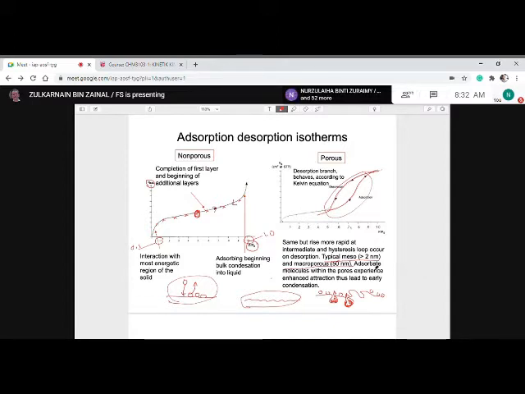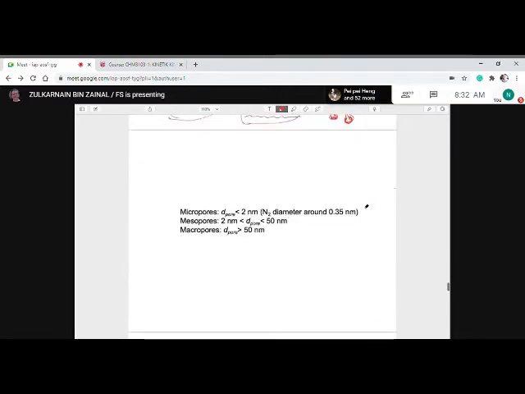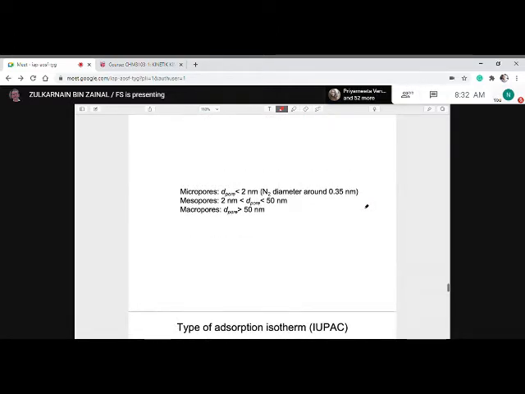So we can use the type of hysteresis loop that we get from the adsorption on porous materials. Okay, let's go further to see what type of pores that we can get. So these are the type of pores that we can get, right? So we can get mesopores, and we can get micropores, all right? Mesopores or micropores.